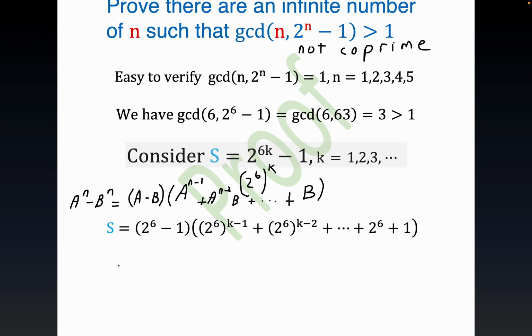We know that 3 divides s for all k, since 3 divides the quantity 2 to the 6th minus 1. And again, that's 2 to the 6th, which is 64, minus 1 is 63.